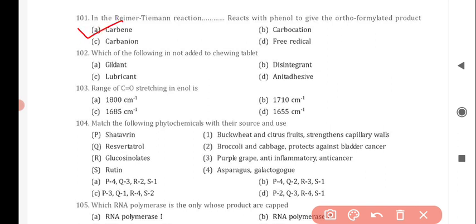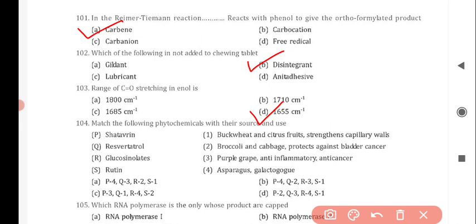Next question is which of the following is not added to chewing tablets, and the correct answer is option B, disintegrant. Next question is range of CO stretching in enol is, and the correct answer is option D, 1655 centimeter inverse.